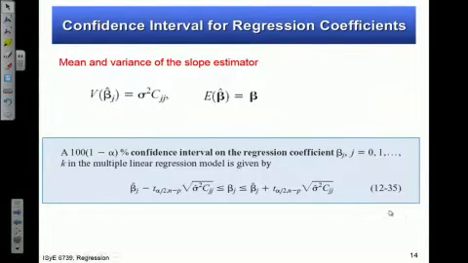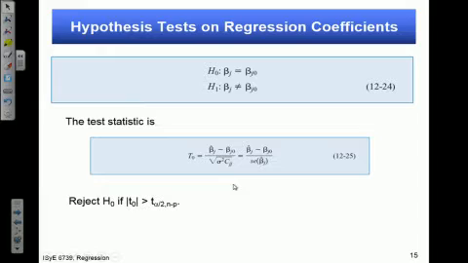Then we can use this variance to come up with the confidence intervals for each coefficient and do hypothesis testing at the same time. And hypothesis testing is important because if we say beta j equal to 0 or beta j is not equal to 0, if we fail to reject H null, it means that variable is not important and should be excluded from our regression model. Okay? Any questions so far?